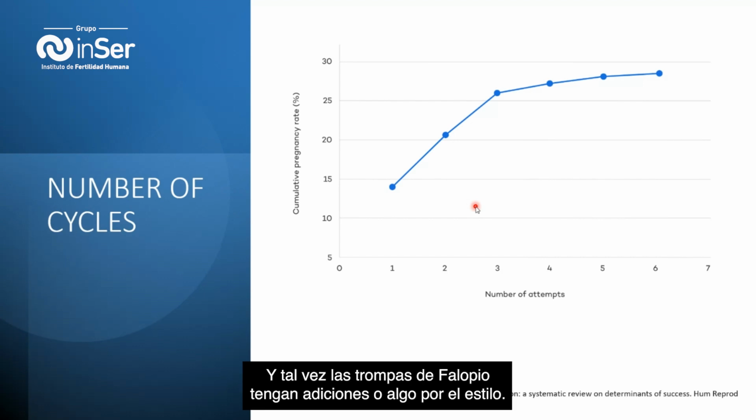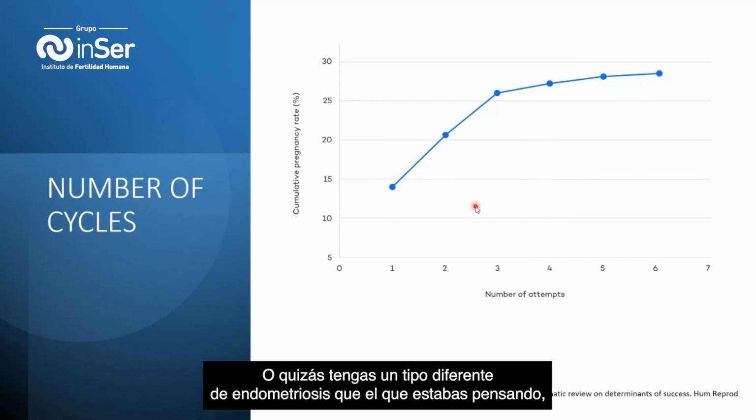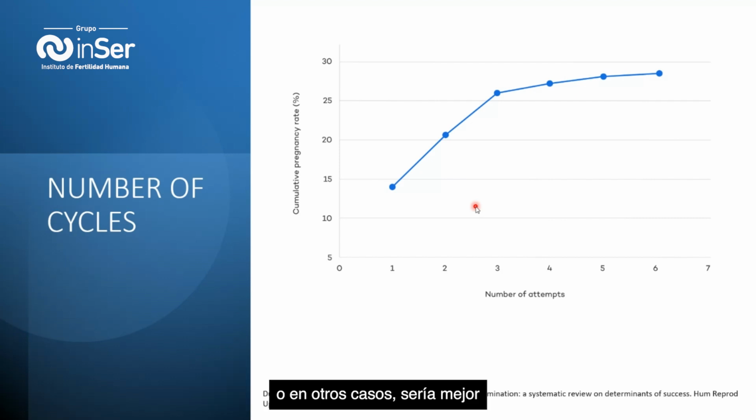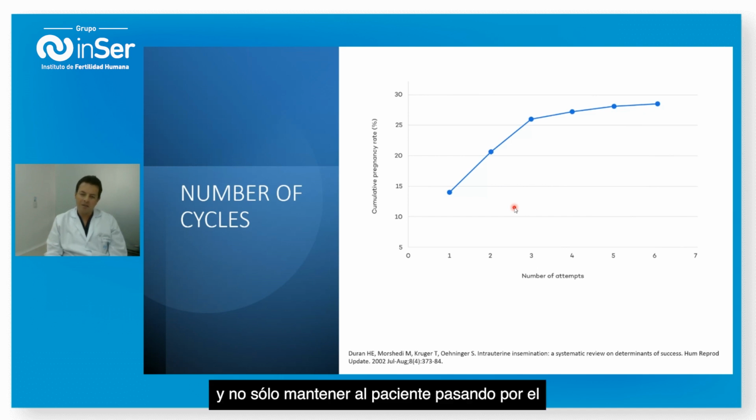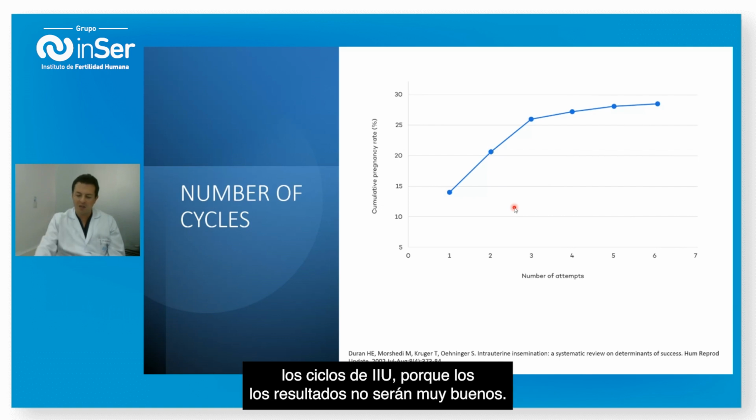Maybe the fallopian tubes have adhesions or something like that, or maybe the patient has a type of endometriosis that you were thinking about, or in other cases, it would be better to go through the IVF process and not just keep the patient going through the IUI cycles, because the results won't be very good.